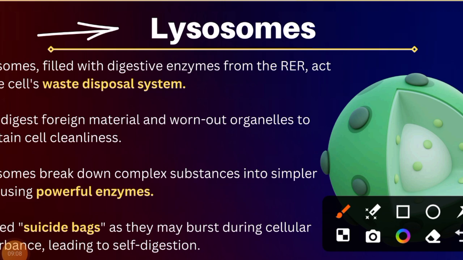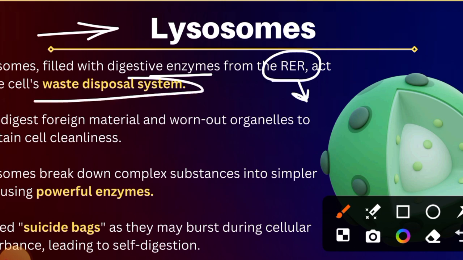Lysosome contains several digestive enzymes within itself. They are filled with digestive enzymes, acids and all from the rough endoplasmic reticulum. So they have digestive enzymes which they get from this RER, and they act as the cell's waste disposal system.